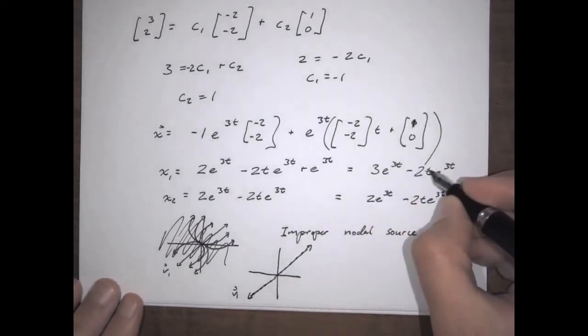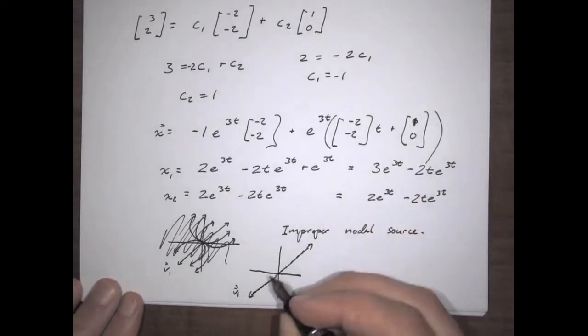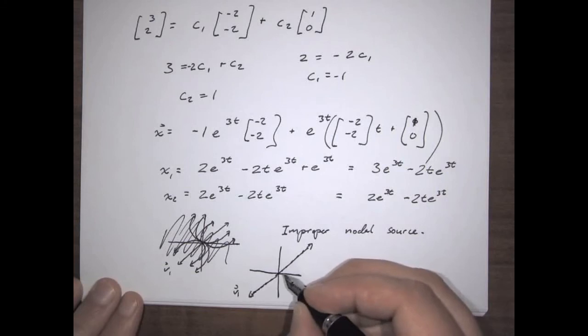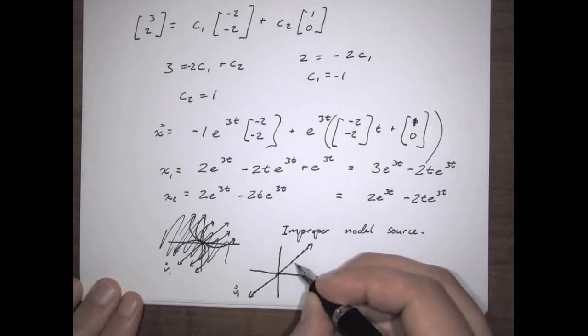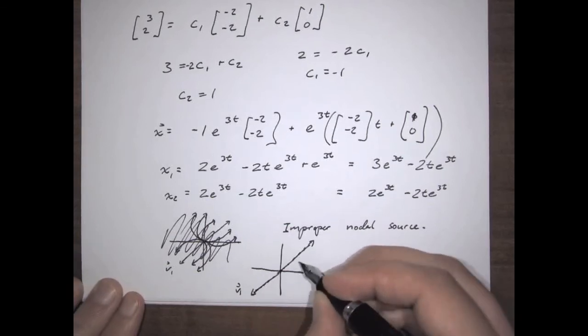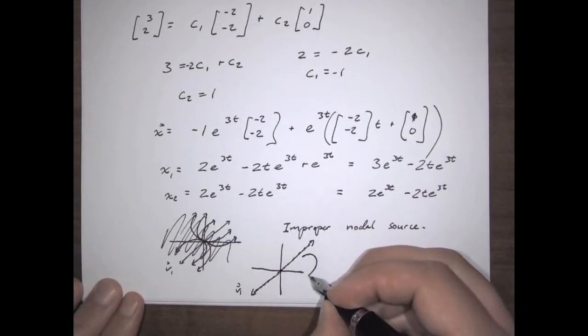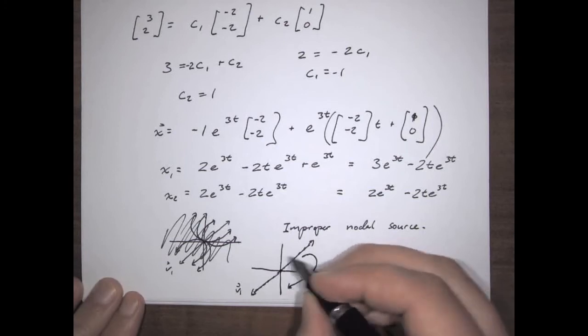Everything is balanced about this except that t is pulling it in the direction of that vector. So whatever direction you start off in, you are eventually going to be pulled around that way.